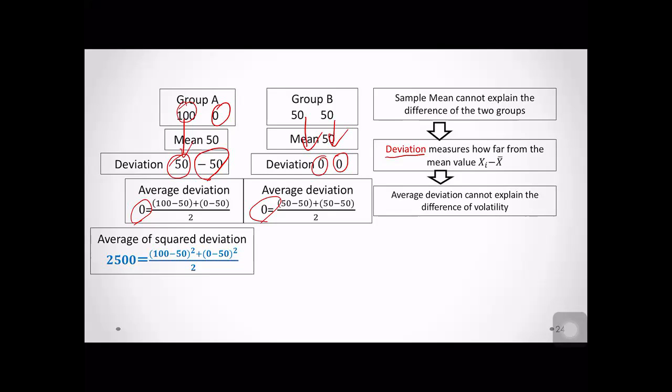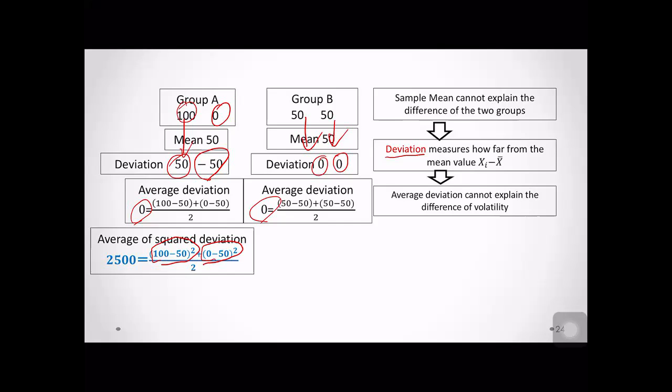For the first student who gets 100, the deviation is 100 minus 50, and we square it. Similarly, we take the square of the second deviation, and we can get rid of the sign, so we don't care whether it's a positive or negative deviation. Then we calculate the average square deviation. In this case, it is 2,500.